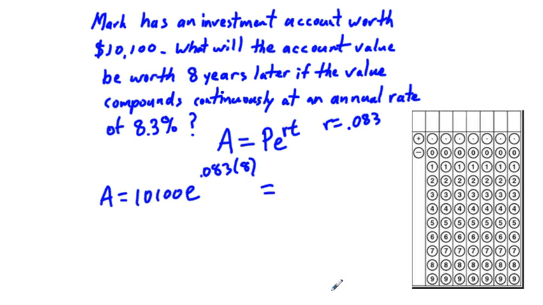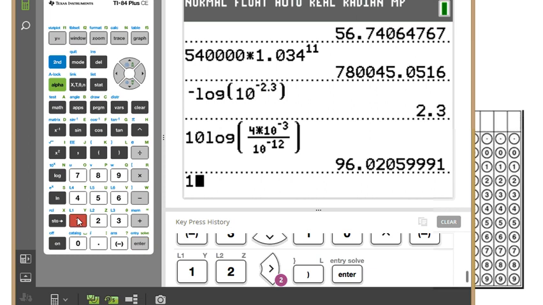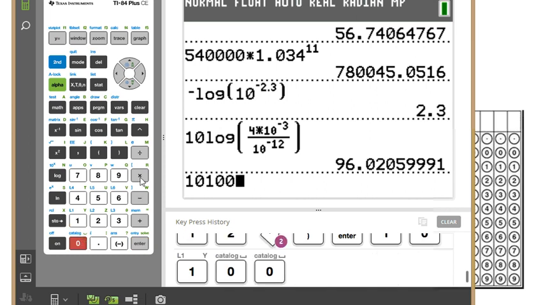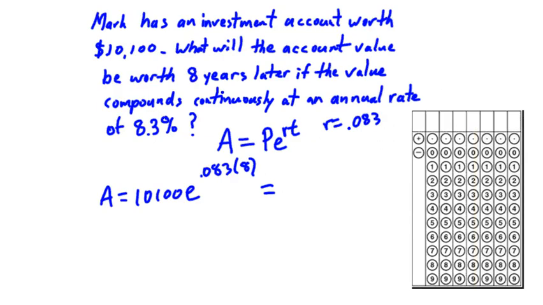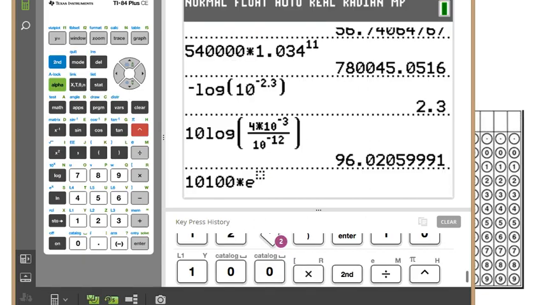I want my calculator. 10,100 times e to the power of 0.083 times 8.